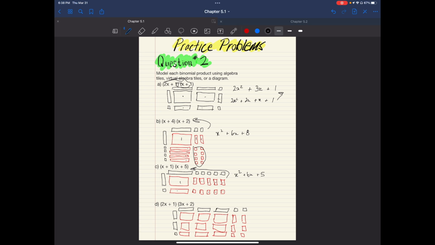Now if we count these up, we get 1, 2, 3, 4, 5, 6 x squared, plus 1, 2, 3, 4, 5, 6, 7 x, and 1, 2.